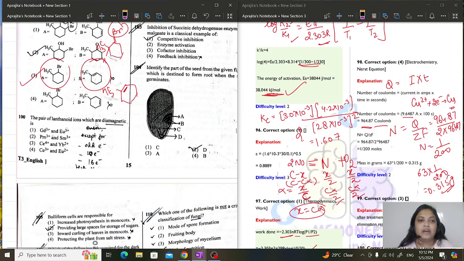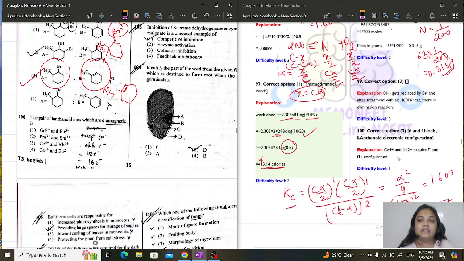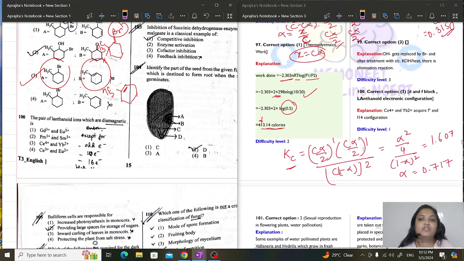Last question, the pair of lanthanoid ions which are diamagnetic in nature. Diamagnetic means not having any unpaired electrons; all the electrons are paired. So in this case, cerium 4 positive, because cerium is 4f1 5d1 6s2, and we have ytterbium, which is xenon 4f14 6s2.